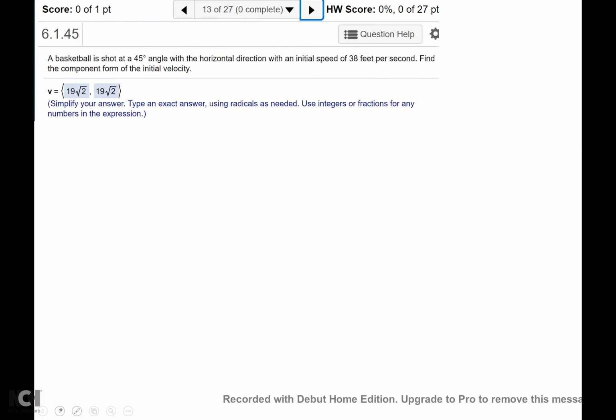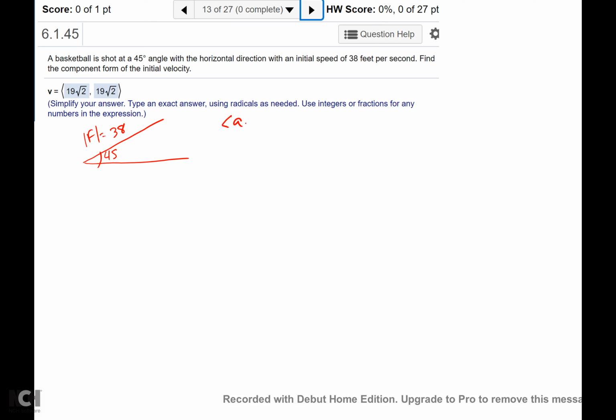Alright, number 13. It says a basketball is shot at a 45-degree angle with the horizontal, with direction and initial speed of 38 feet per second. So the magnitude of that is 38. They want the vector components.